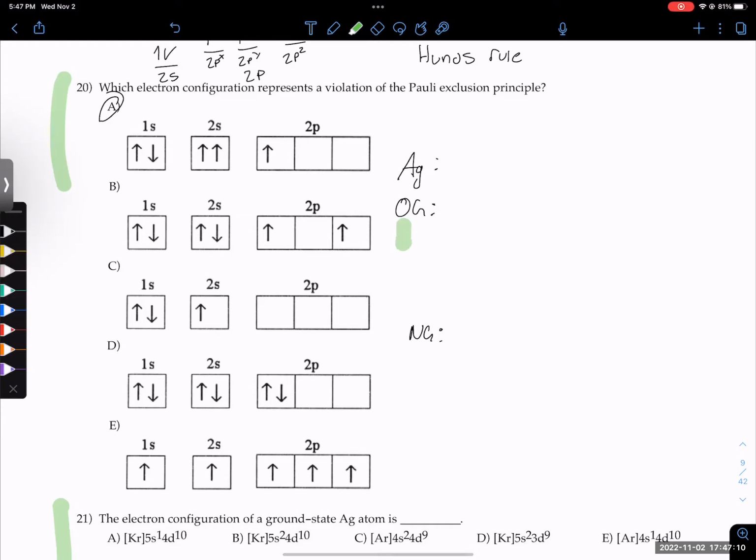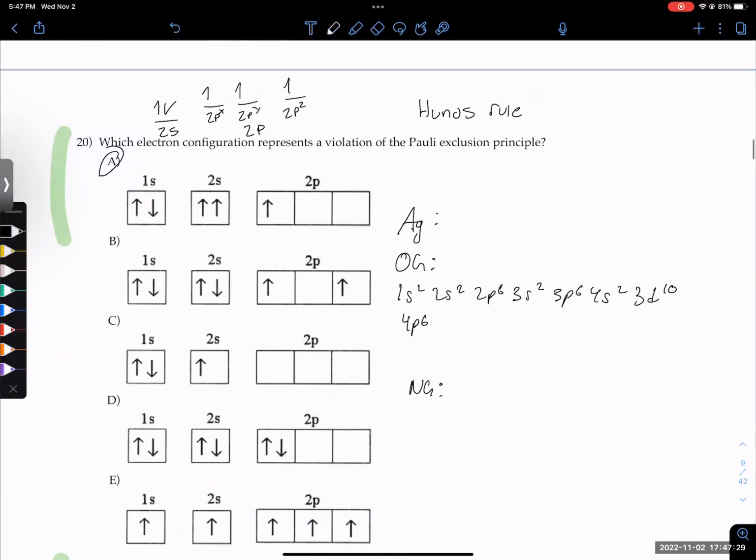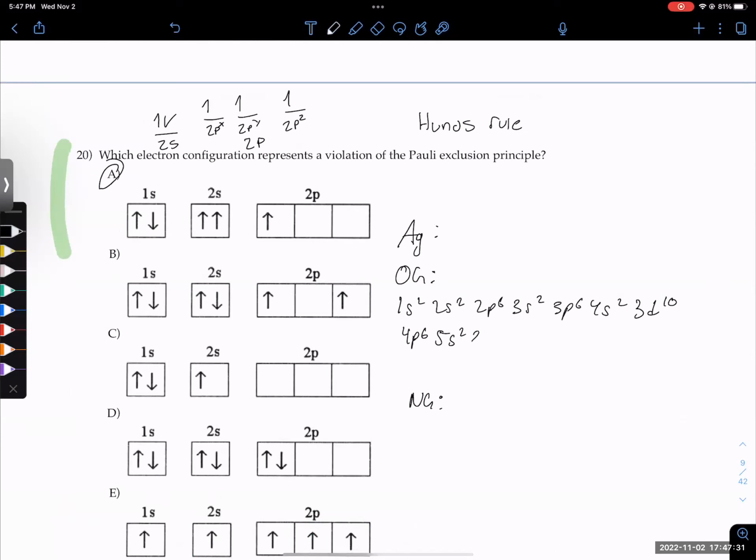I'll write it down, y'all just say it. 1s2, 2s2, 2p6, 3s2, 3p6, 4s2, 3d10, 4p6, and so on up to 4d9. All right, great. Now let's write out the noble gas configuration.